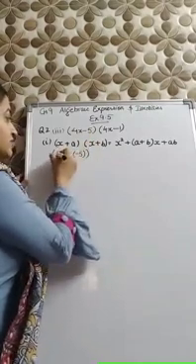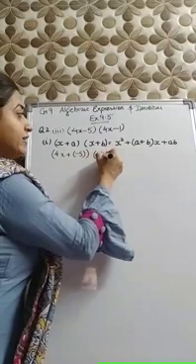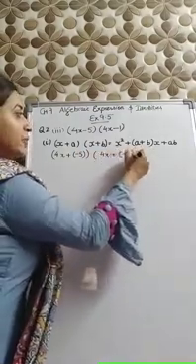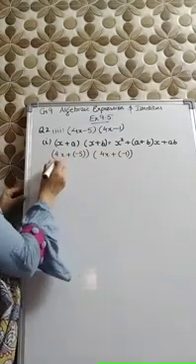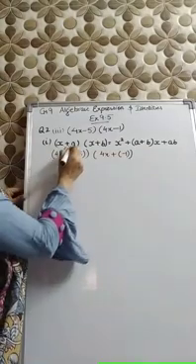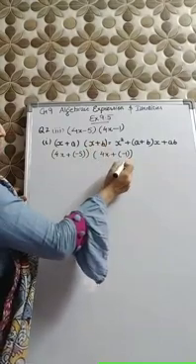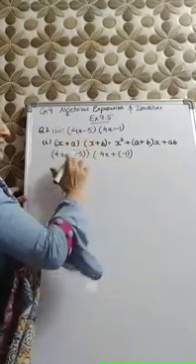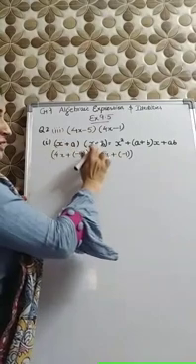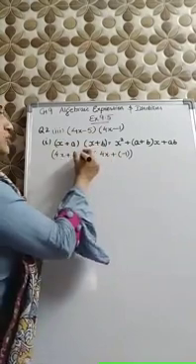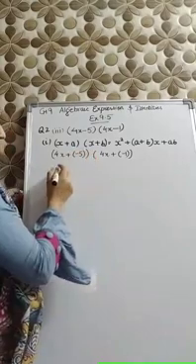Now the question has changed to positive, and in this step also 4x plus minus 1 you will write in the bracket. Now the value of x is 4x, value of a is minus 5, value of b is minus 1. We have done this step because we have identity only for positive.